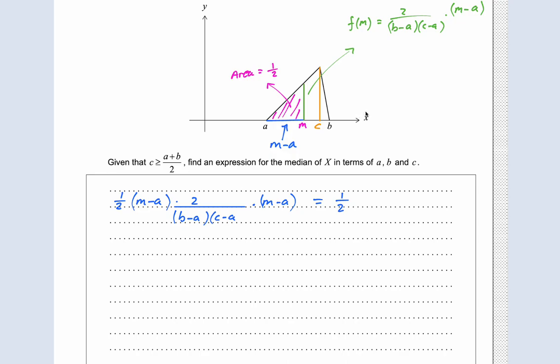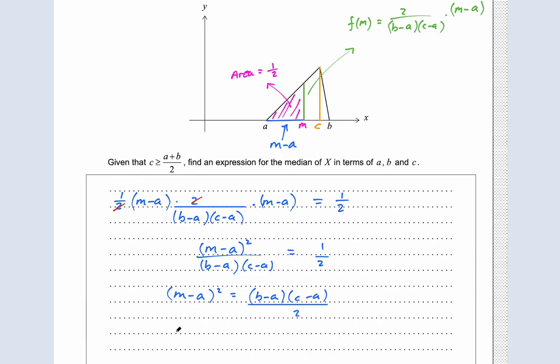Now I think it's actually easy. We just cancel these 2's. M minus a times m minus a is (m minus a) squared. So (m minus a) squared over (b minus a)(c minus a) equals a half. So (m minus a) squared is equal to (b minus a)(c minus a) over 2.